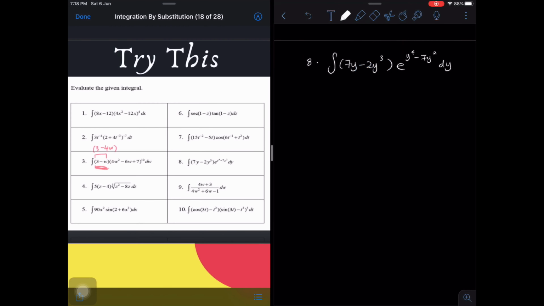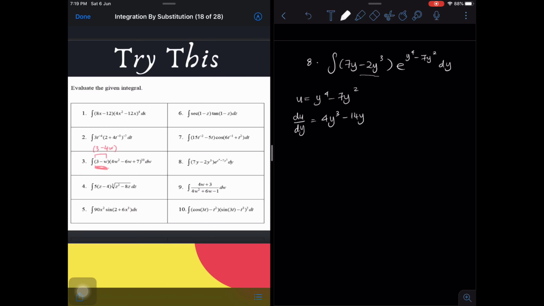Number 8. Okay, we have the integration of (7y minus 2y to the power of 3) times exponent of (y to the power of 4 minus 7y squared) dy. So let's choose our u as y to the power of 4 minus 7y to the power of 2. Now we will have du over dy equal to 4y to the power of 3 minus 14y. If you see, your y to the power of 3 here has a negative constant, but we have positive here.